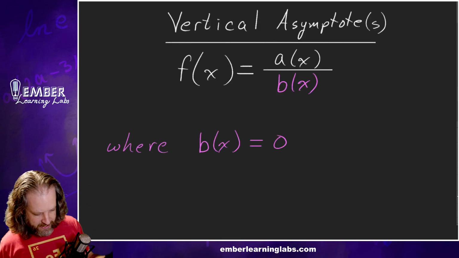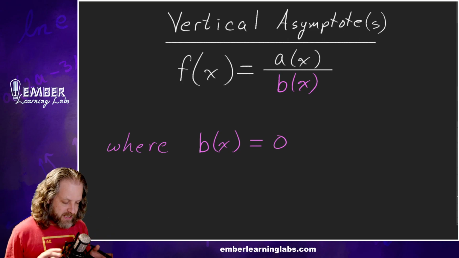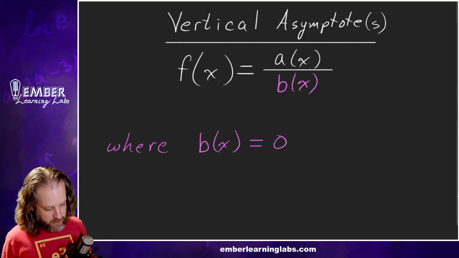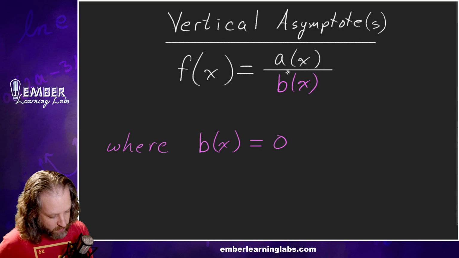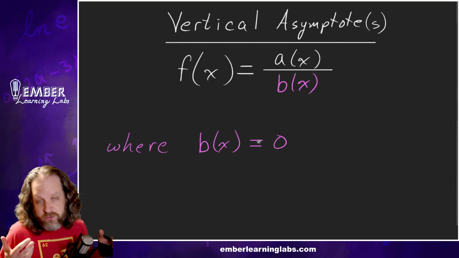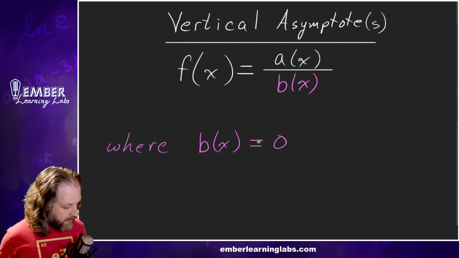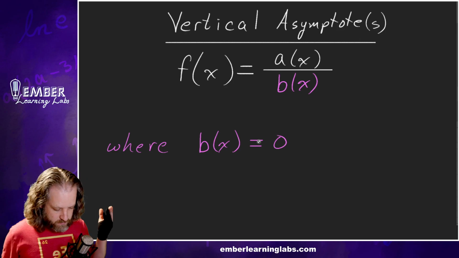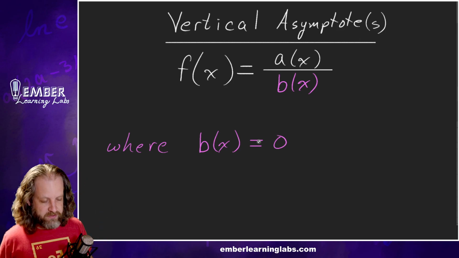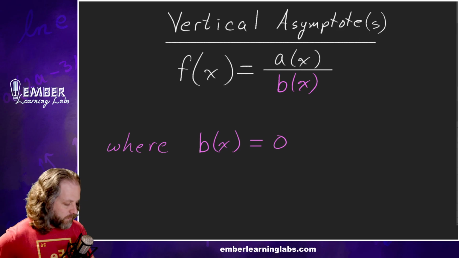The vertical asymptotes are exactly the same as reciprocal functions. Vertical asymptotes are where we set the denominator equal to 0, and sometimes there's more than one. At those places, wherever this is true. So that's for vertical asymptotes.